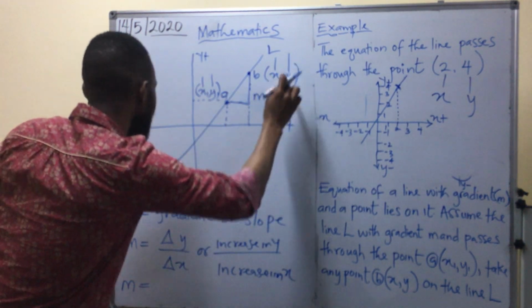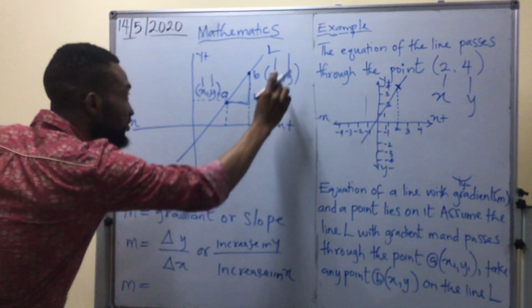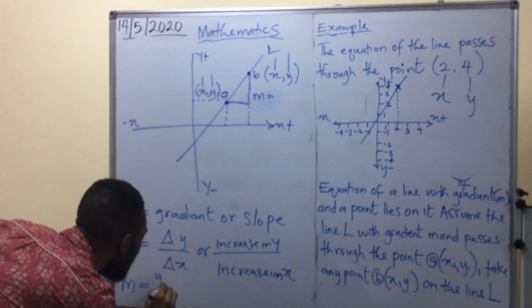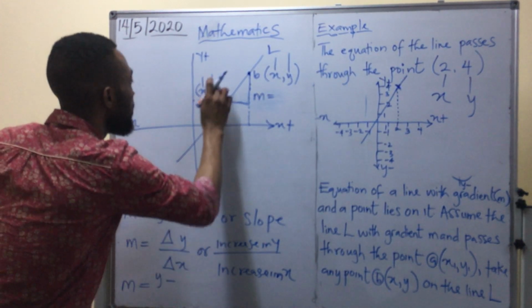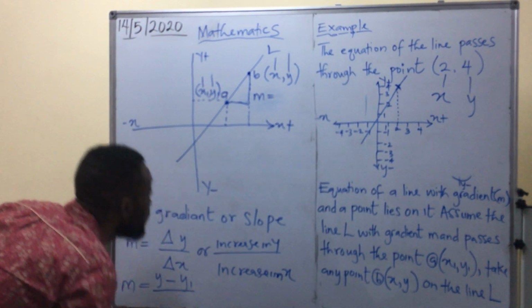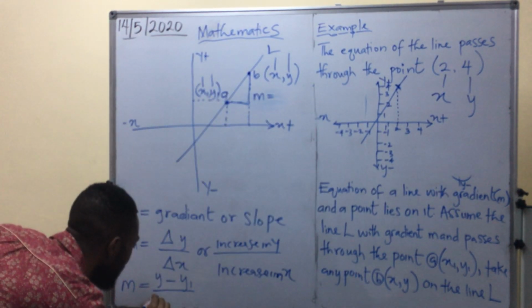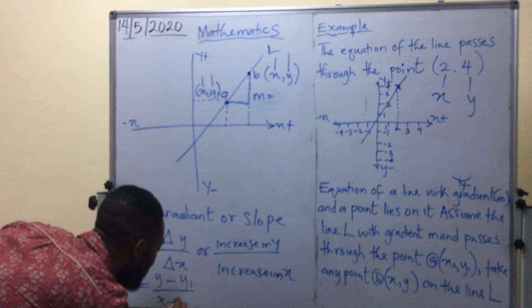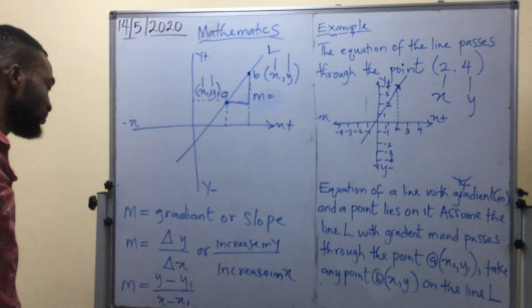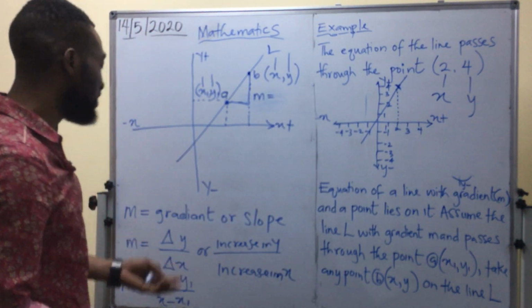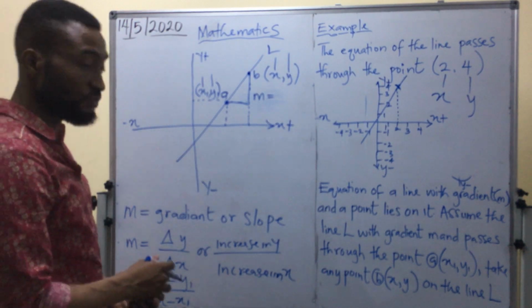So now, y2, that is this y, will be y minus y1 over x minus x1. This is the gradient, or we call it slope. This is the formula for it.